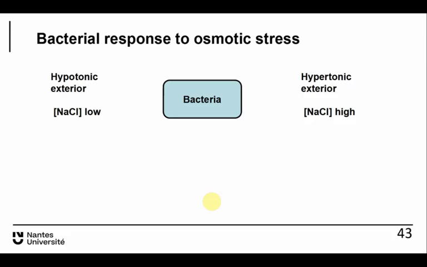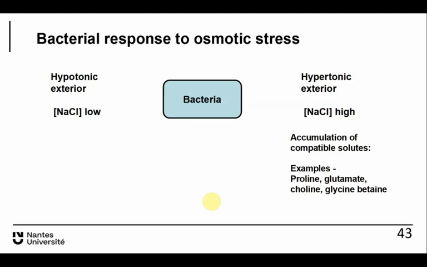But during that time, they have to keep their cytoplasm at a pretty much constant sodium chloride concentration, and they need to retain water inside the cytoplasm. So they have to have some means to not absorb too much water and not get too dried out.